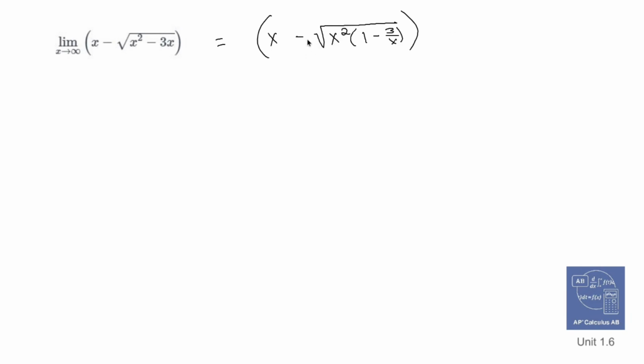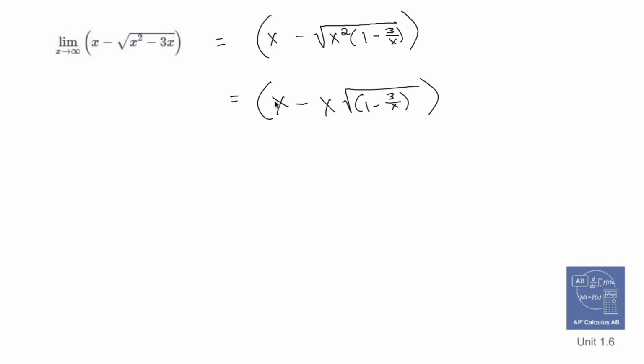Now, since I'm saying minus the square root of x squared times something, the square root of x squared kind of cancel each other out, and I can rip out an x. So you become x minus x, because the square root of x squared is x, times the square root of 1 minus 3 over x, like so.